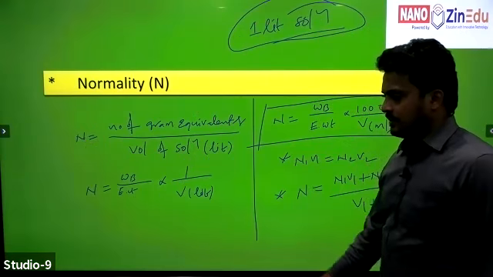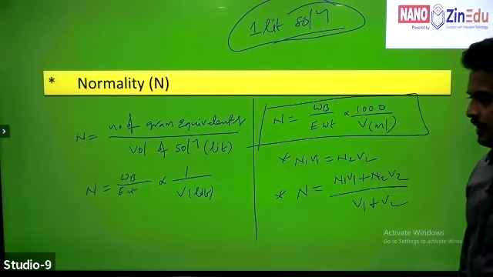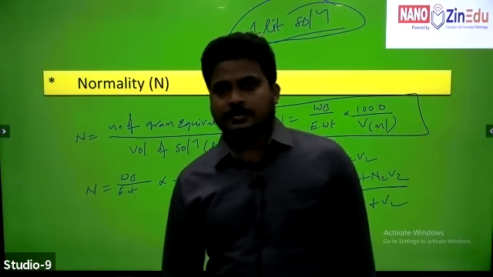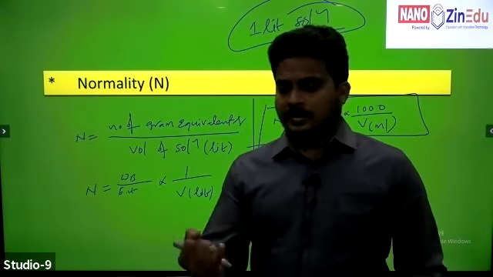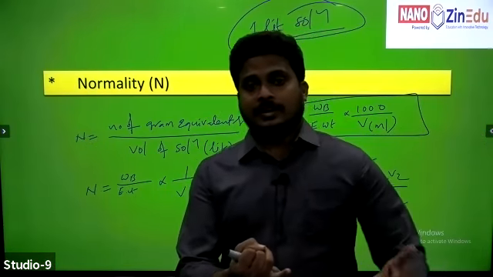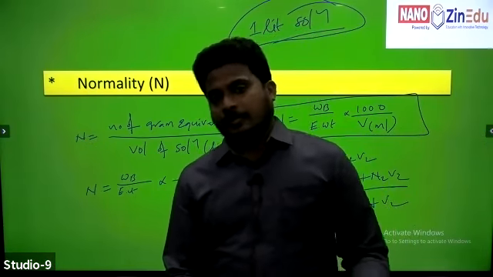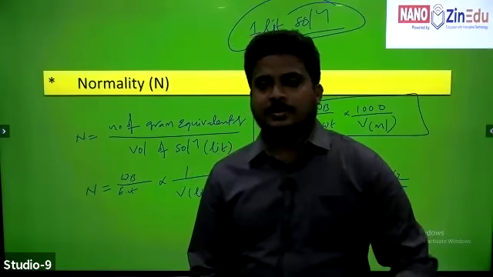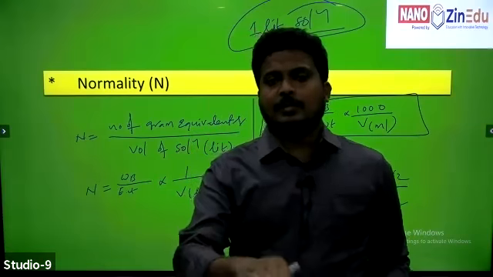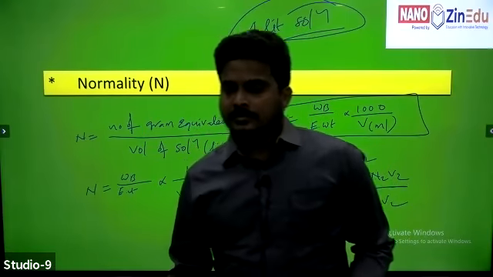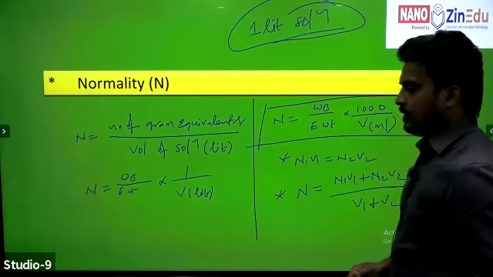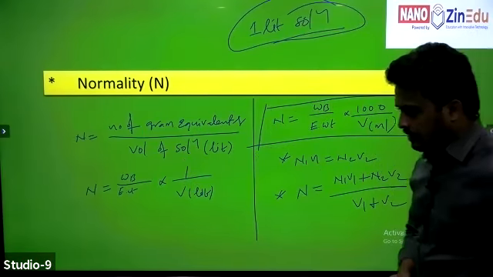In the classroom session, we derive each and every relationship: between molality and molarity, molality and mole fraction, normality and molality, normality and mole fraction. Like this, we can derive everything. Then only you can do numericals easily.